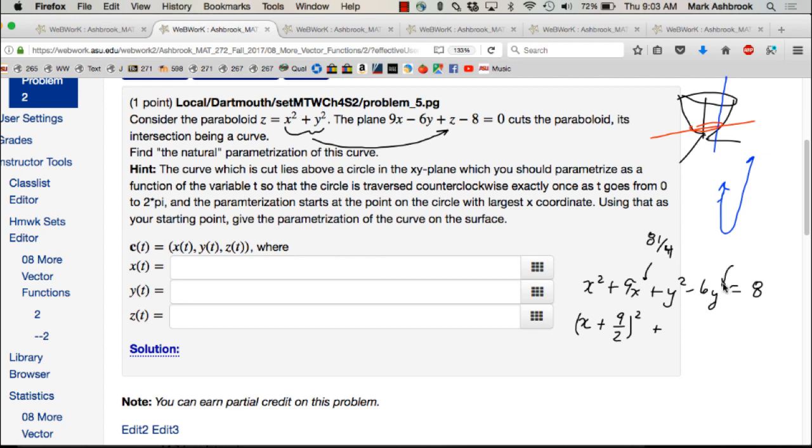We're going to add 9, right? And then we have a perfect square, which would be x plus 9 halves squared. And we have another perfect square, y minus 3 squared equals 8. But then whenever we add on the left side, we got to add on the right. So plus 81 fourths plus 9.